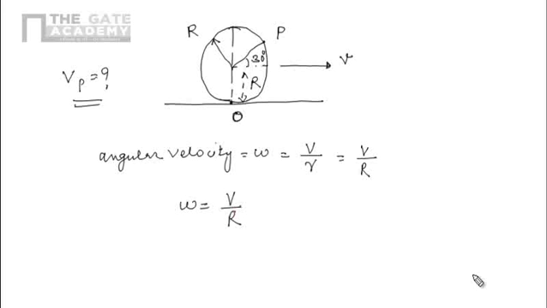Now we have to find out velocity at P. The velocity at P will be perpendicular to OP, tangential. I will again draw the diagram here.